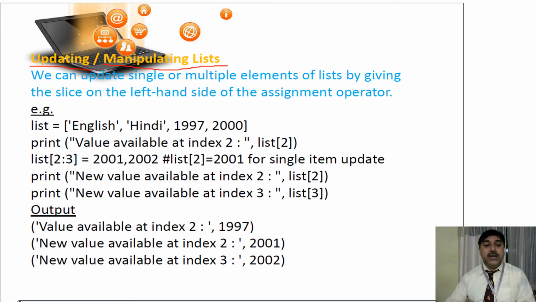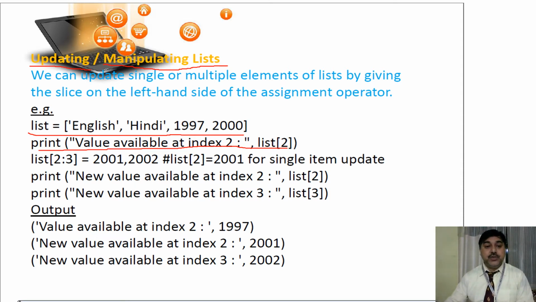Okay, so see here, I have shown one program where I have taken list one. In this list one, I have taken some combination of alphabets and some combination of numbers. Now I have done the printing of the list. This is list 2, the second position. What is the second position?